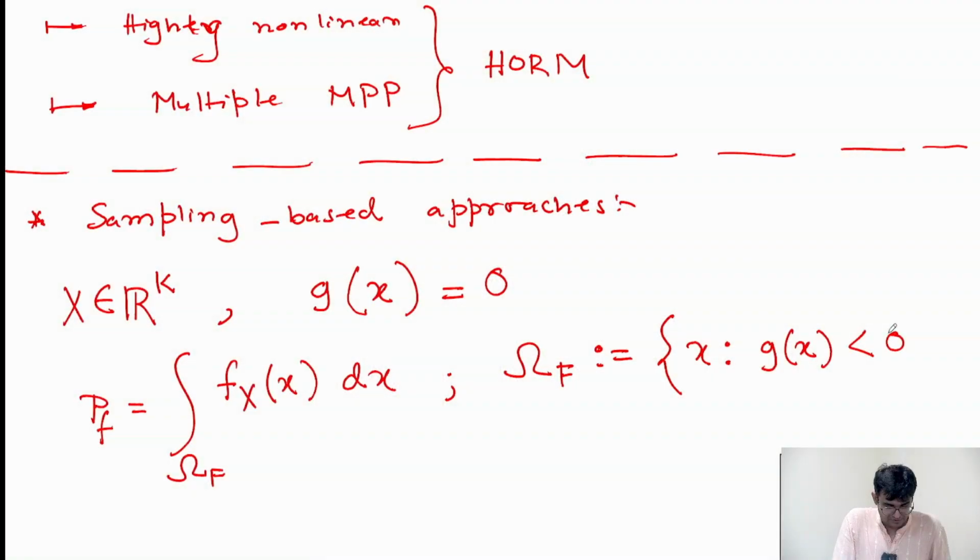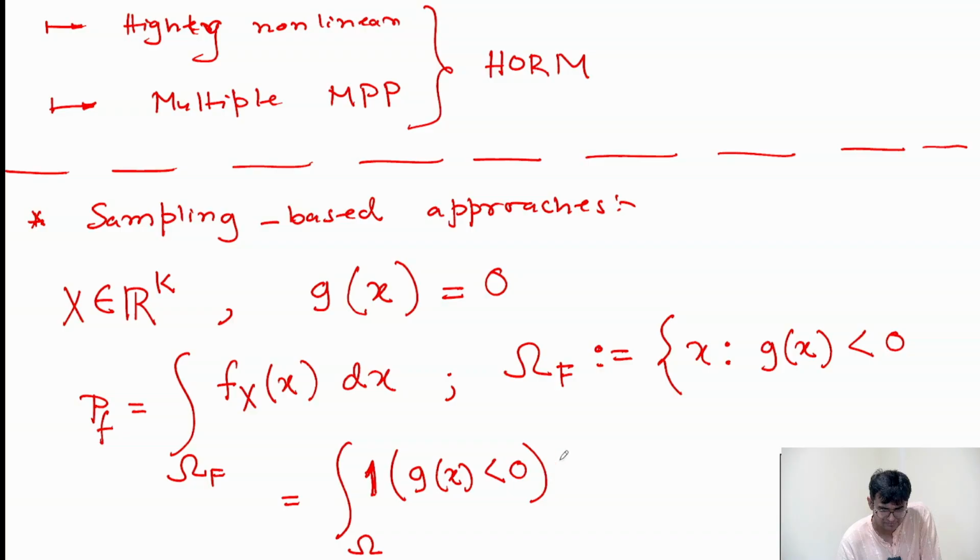Now, will you agree if I write this equation in this form? Integration over the whole domain of I, or 1, g(x) less than 0, f_X(x) dx. Do you agree both are same or both are different?